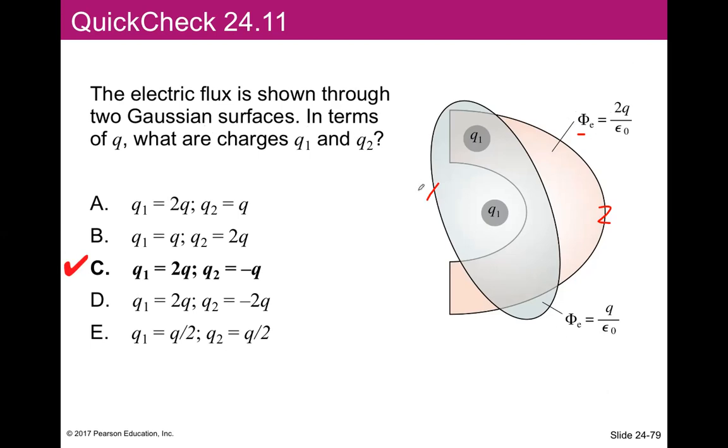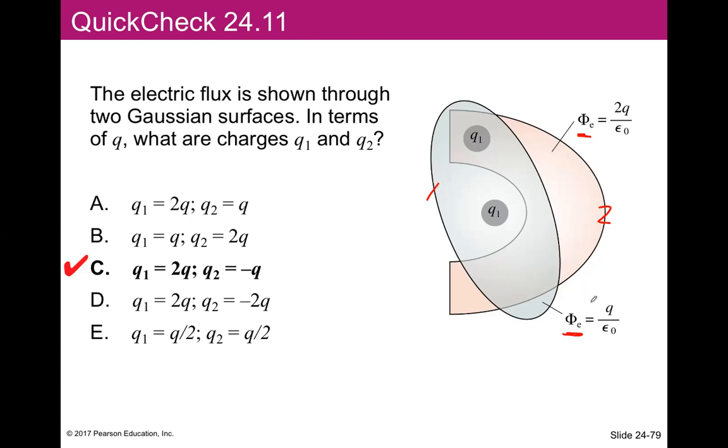For surface 1, it's q over epsilon 0. That means the flux for number 2 is doubled compared to the flux of number 1.